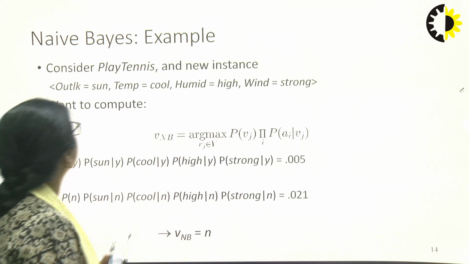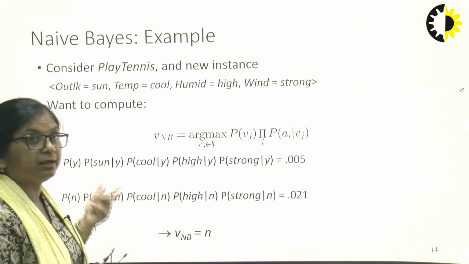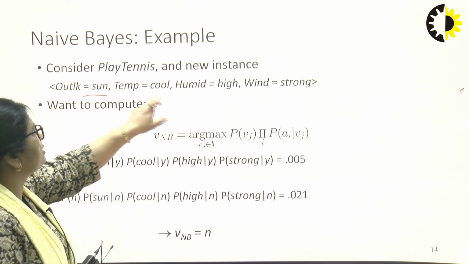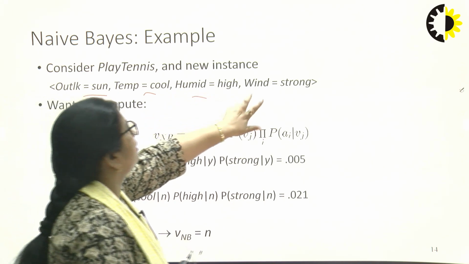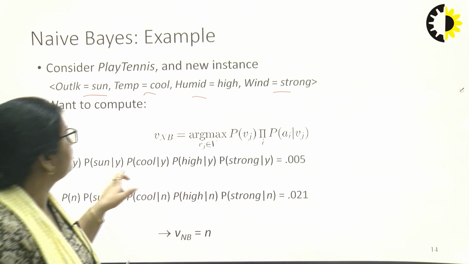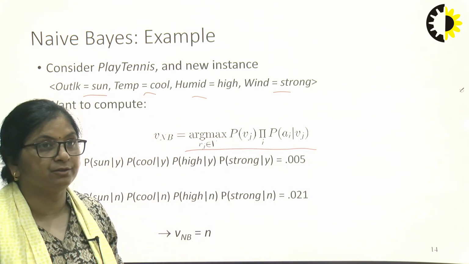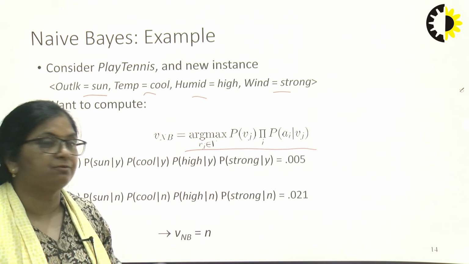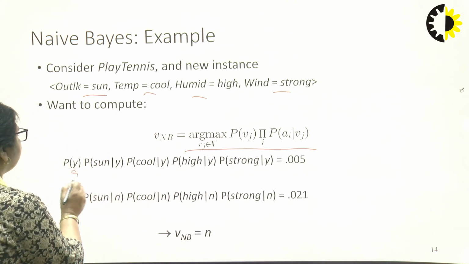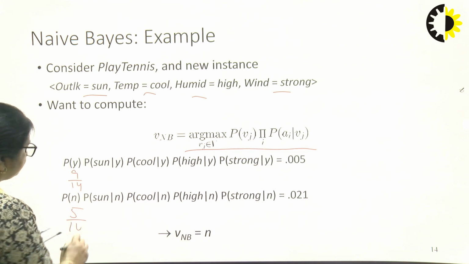We want to find whether the answer will be positive class y or negative class n, when outlook is sunny, temperature is cool, humidity is high and wind is strong. So, this combination is given, and we have to calculate whether it belongs to the positive or negative class. We have just calculated that the probability of y is 9 by 14 and the probability of n is 5 by 14.